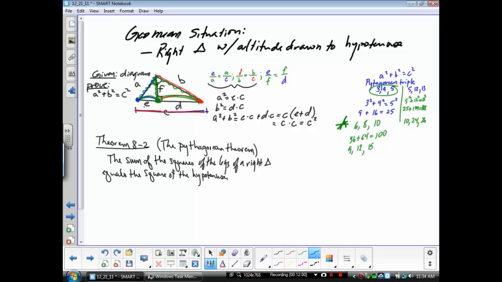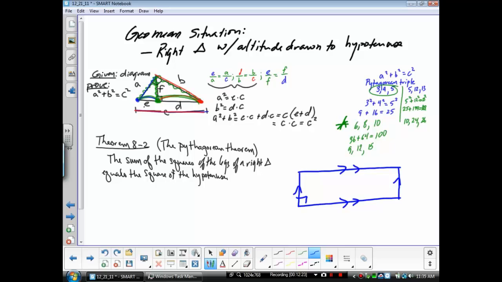So I have a diagonal drawn in this rectangle. How do I know this is a rectangle? Opposite sides are parallel, and what else? One angle is a 90, which means all of the angles will have to be a 90, right? So this is a rectangle.